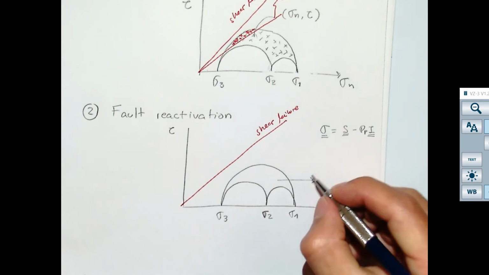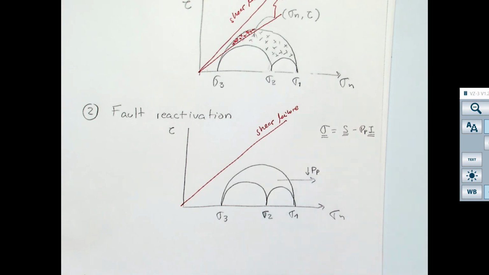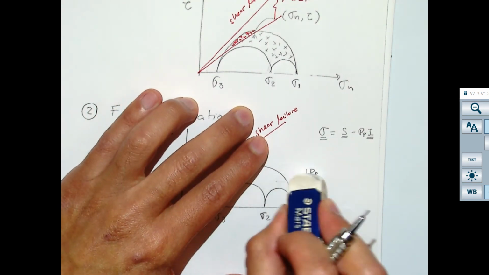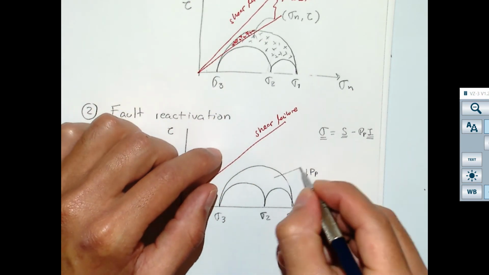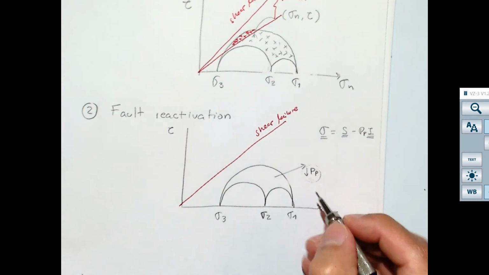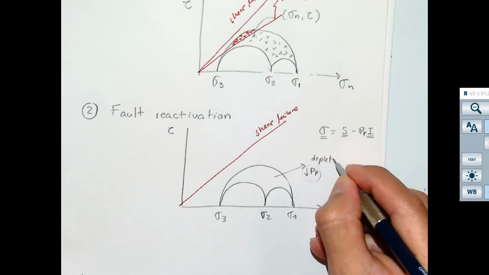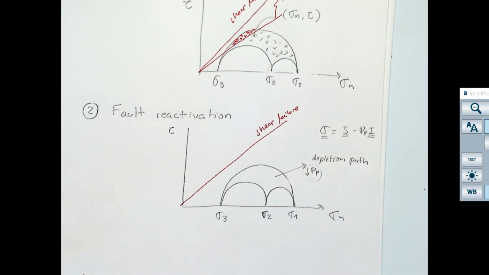It increases, right? So decreasing pore pressure, as done with depletion, I'm going to make it a little bit more accurate. It actually moves a little bit like that. This is what is called a depletion path. The three circles are going to move towards the right.